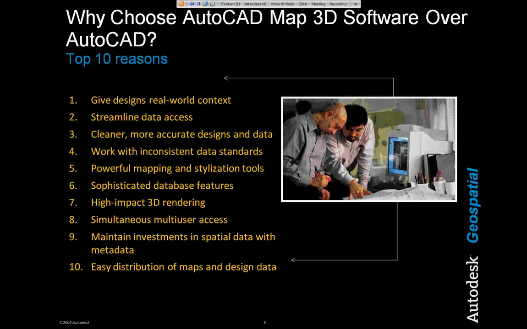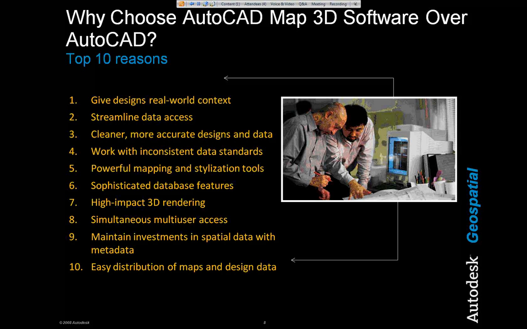Sophisticated database features: we can actually build out a sophisticated database schema through Map 3D using the schema editor, and we'll see that here in a minute. Rendering in 3D: if you have three-dimensional raster images like a digital elevation model or an Esri grid, you can take those elevation models and drape 2D information over them and make a nice 3D rendered model.